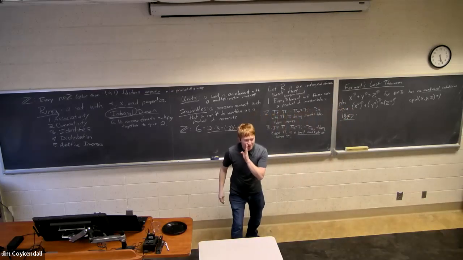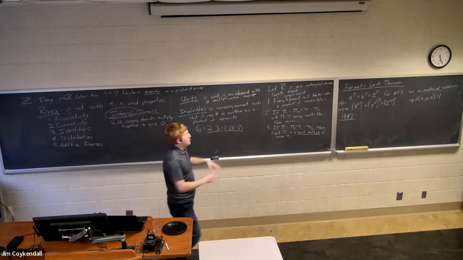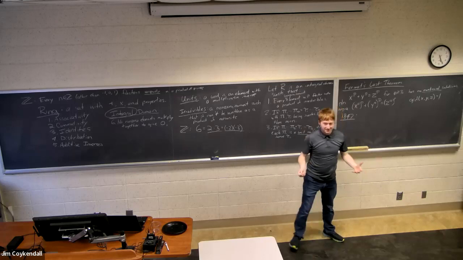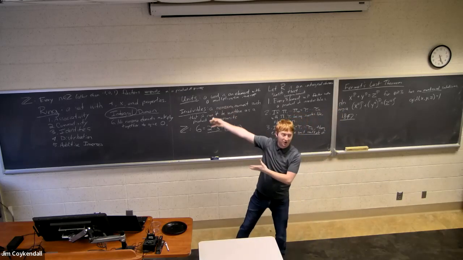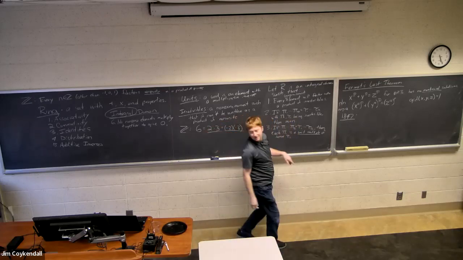They didn't actually prove it. We'll talk about that. So somebody came along and said, well, this is a prime, right? We can actually factor this if we look in a ring, in fact, an integral domain, not the integers.